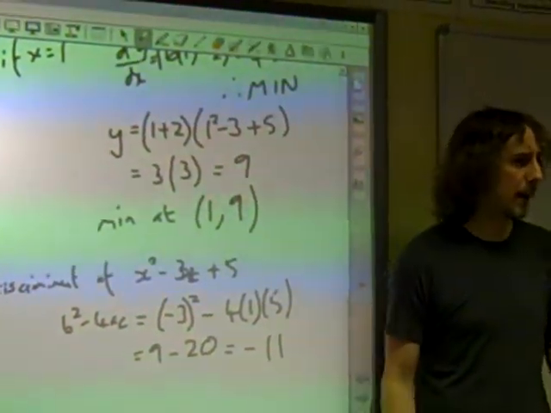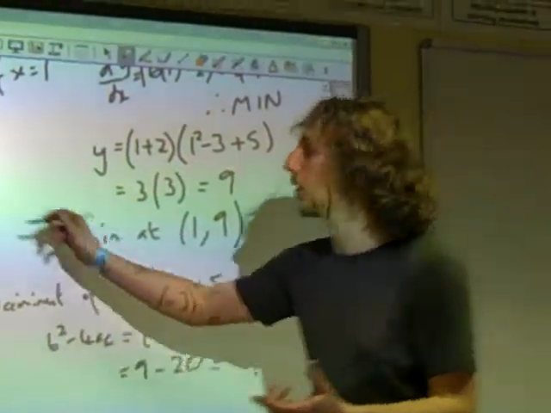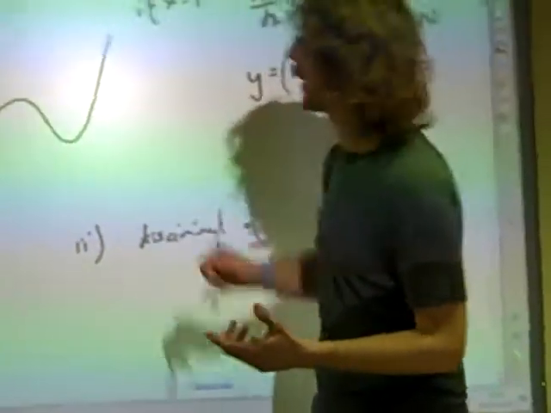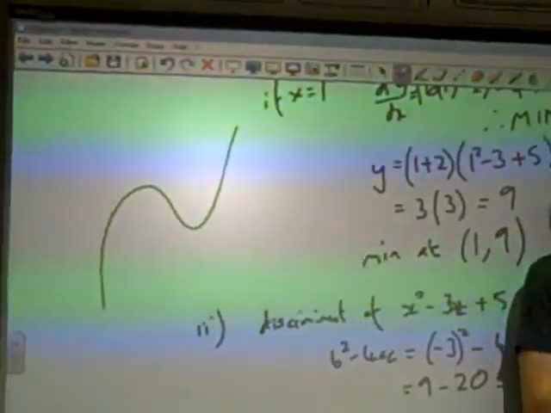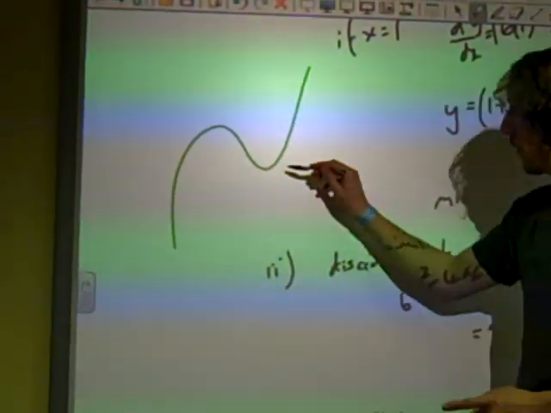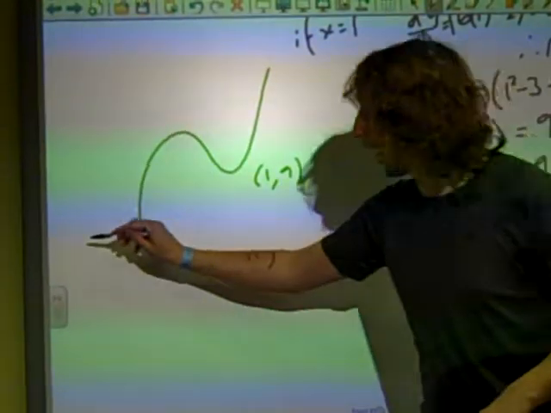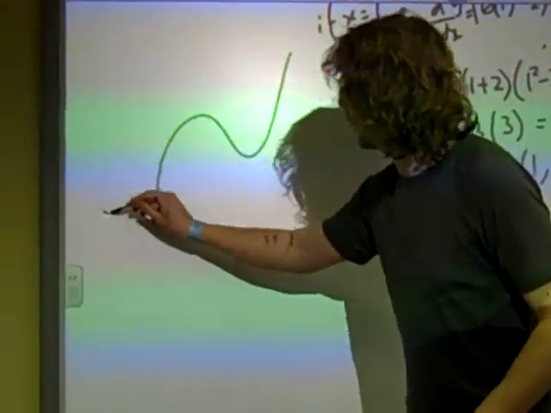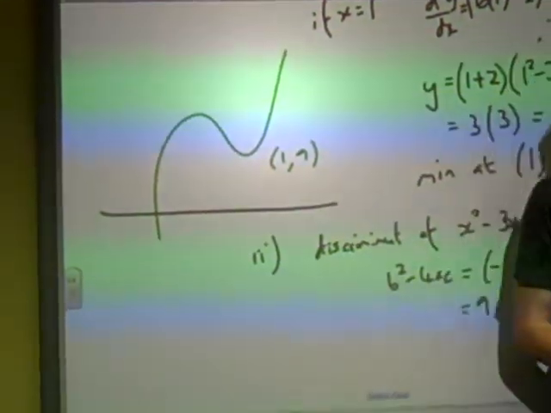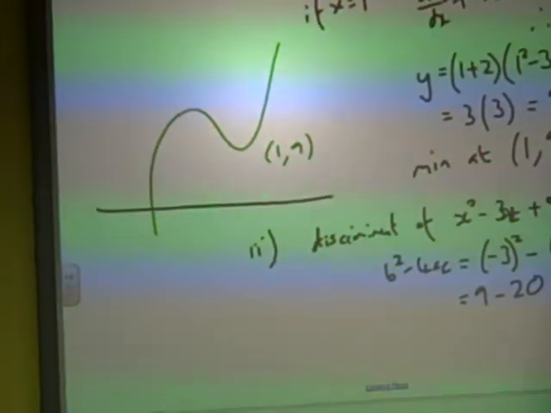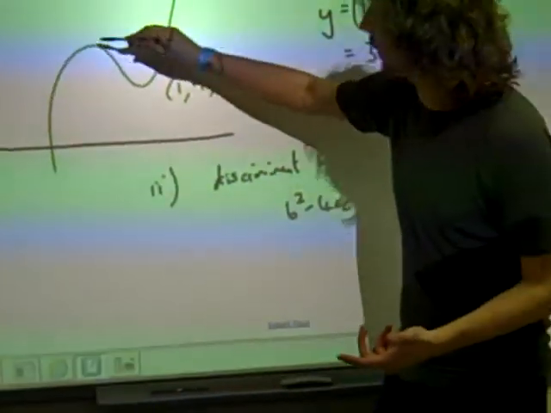Is this okay? Is this making some sense here? Because what we got was a cubic equation that we just found had a minimum point at the point 1, 9. If that's 1, 9, that means the x-axis is down here somewhere, doesn't it? The other turning point we had at minus a third, so that's there.